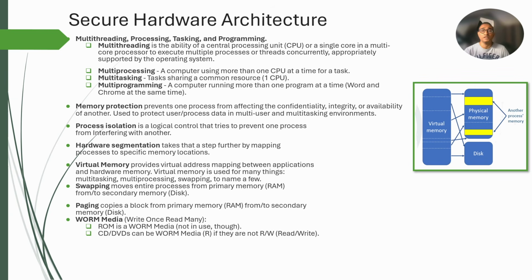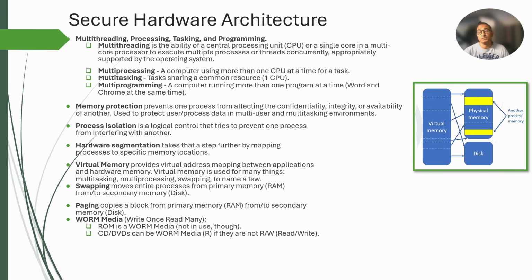Multi-threading pertains to the ability of the CPU, which has a single core at its disposal, to execute a given task in different threads concurrently, which helps in speeding up the process. Multiprocessing is nearly the same thing, but using more than one CPU.